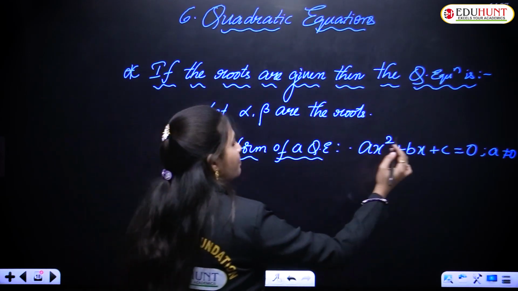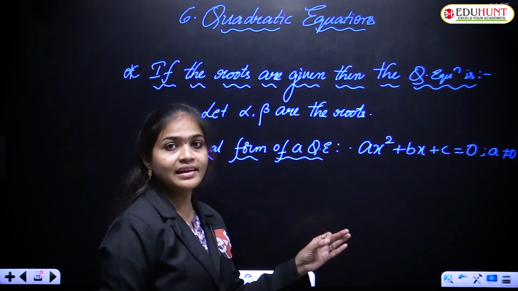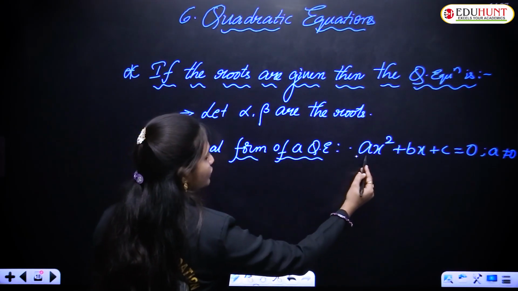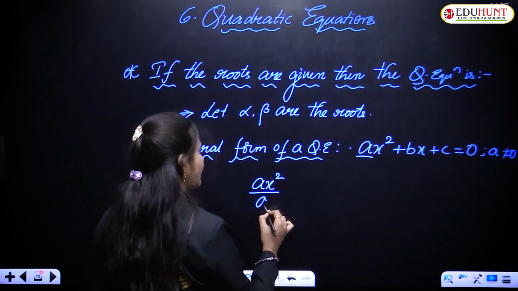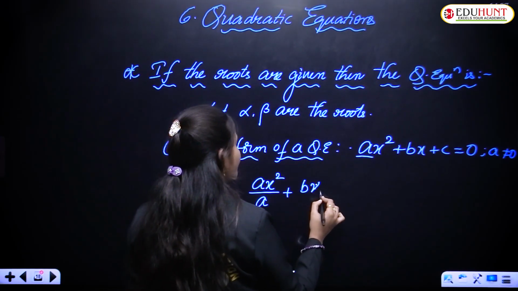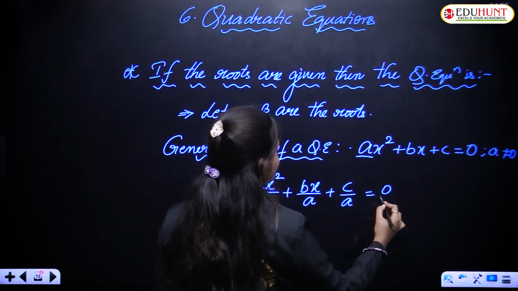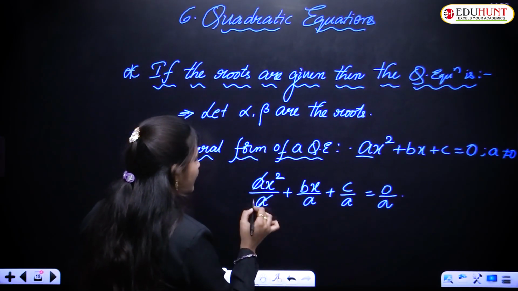Okay, so I want to divide this equation by a, the coefficient of x square. The x square coefficient is a only, no? So ax square by a plus bx by a plus c by a is equal to 0 by a. Understand? So here a and a get cancelled.